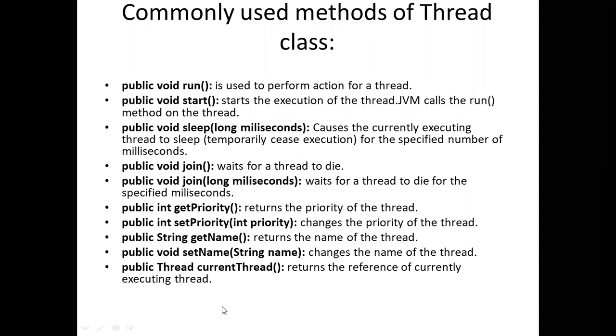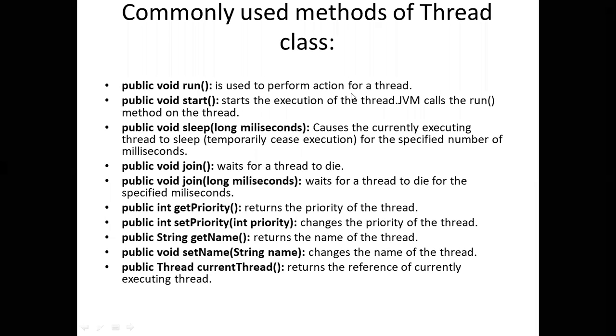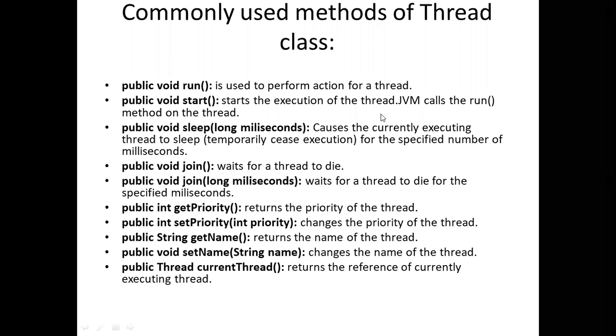Now the commonly used methods of the Thread class. Again, this slide is very important; we will be discussing all these methods in our programs. The first is the run method, which is required to perform action for a thread. Start starts the execution of a thread, and the JVM calls the run method of the thread.